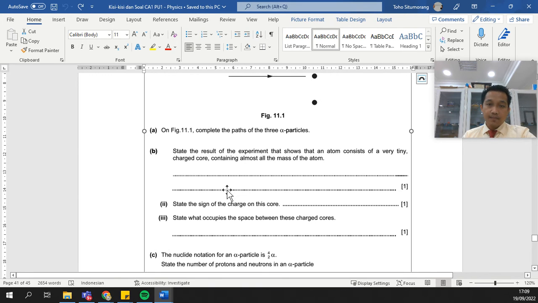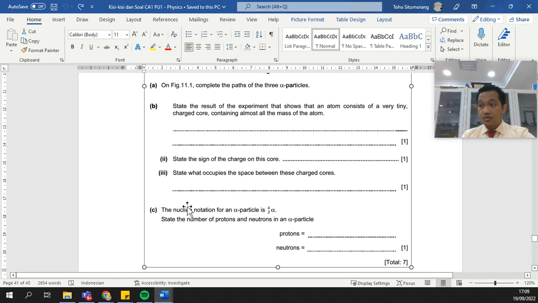You can say that most of the alpha particles pass through. If they pass through, then it consists of a very tiny core. And also some alpha particles bounce back. That means bounced back or deflected, containing almost all the mass of the atom. That means you can say that the nucleus repels alpha or bounces alpha back.